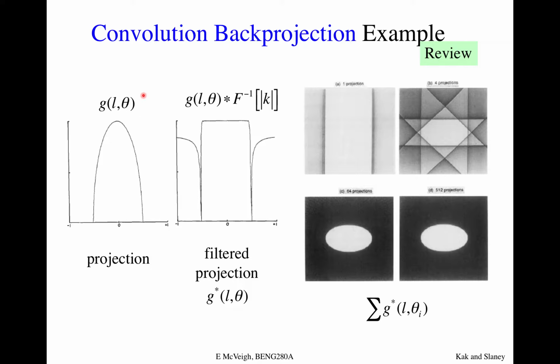When we convolve g(l, θ) with the inverse Fourier transform of the ramp, we get this function. It looks quite different than this. As we saw, it has a nice flat top, which is nice when we're trying to reconstruct something that has a uniform signal in the middle, and these negative side lobes. And so this is g*(l, θ). These are the things we're going to back project and produce a picture.